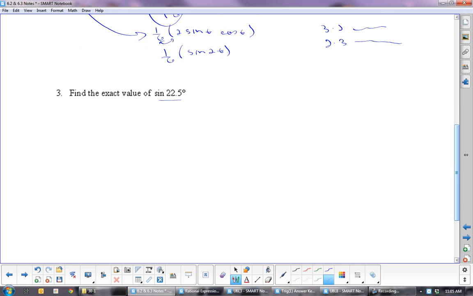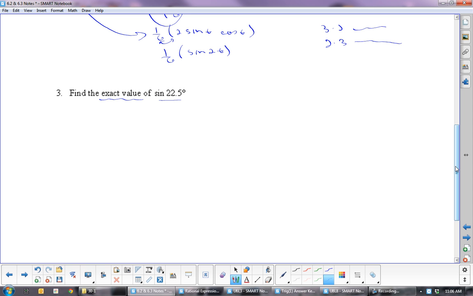Okay, so one more question. Sine 22.5 degrees. I need the exact value. Now, anything come to mind that we know on the unit circle?